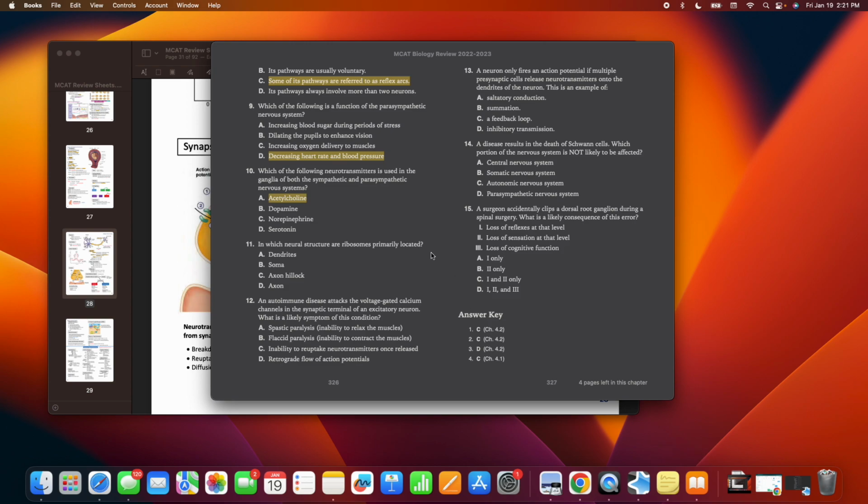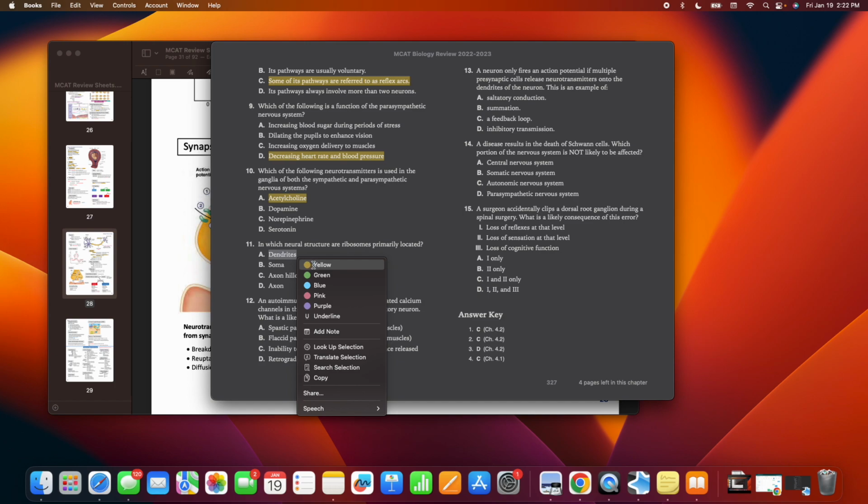Okay. In which neural structure are ribosomes primarily located? Oh, we're talking about ribosomes. So these are in the nucleus, right? Not in the axon, not in the axon hillock. Soma, which is the cytoplasm, and dendrites. I would go with dendrites.